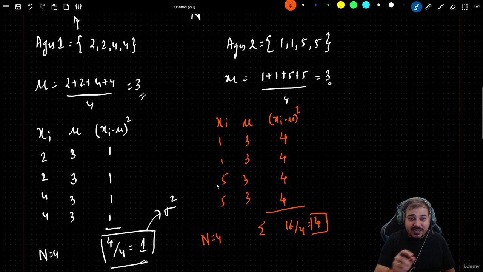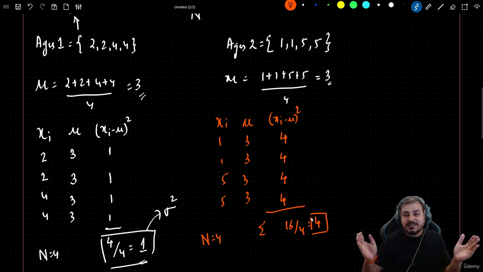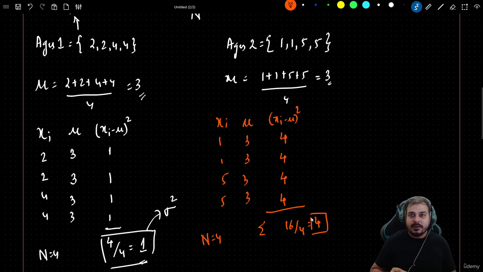Here you are getting the variance as 1, here you are getting the variance as 4, right? So this means that from the mean, in this particular distribution, the dispersion is a little bit bigger when compared to the other one. So this is the basic example of this.